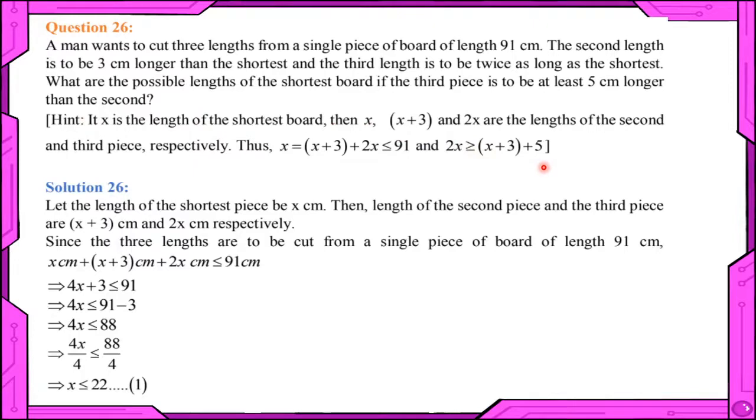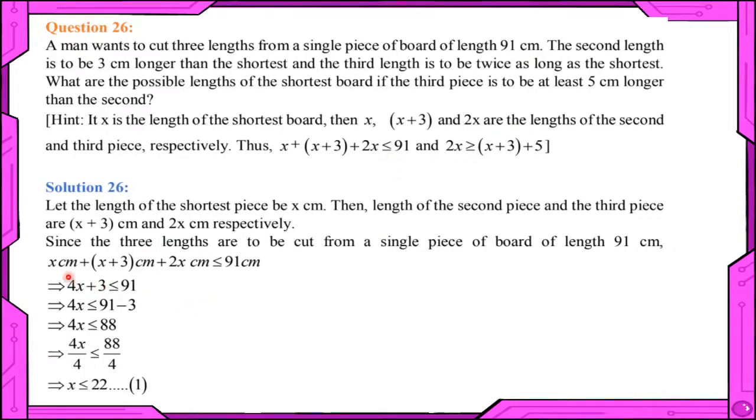And one more piece of information we have is that the sum of these pieces is less than or equal to 91, because the total length of the board is 91. So when we are cutting three pieces out of that, the sum of all three lengths will be either equal to 91 or less than 91.